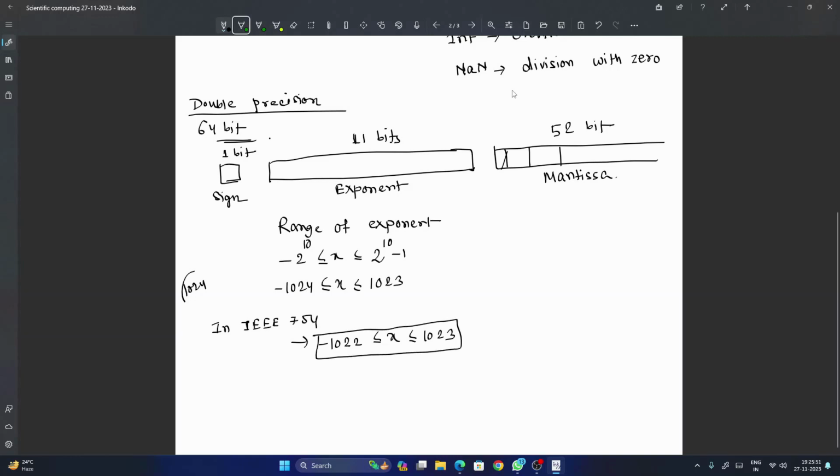So those are the ranges. That means in the double precision system you can store from 2 to the power minus 1022, a very small value, near 0, and also the largest value 2 to the power 1023, which is a very large value.